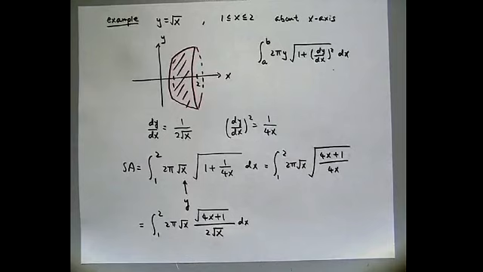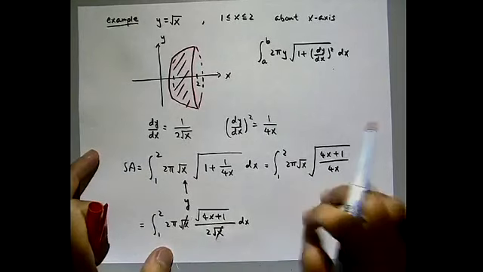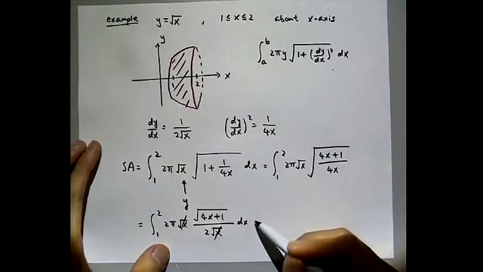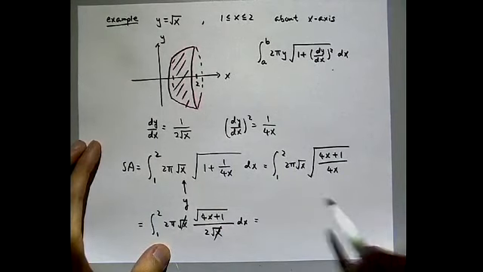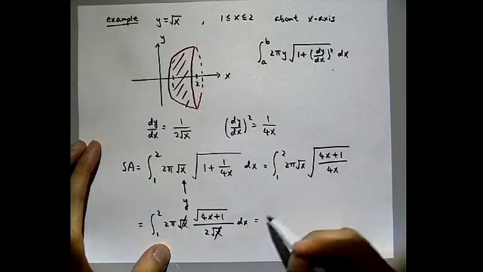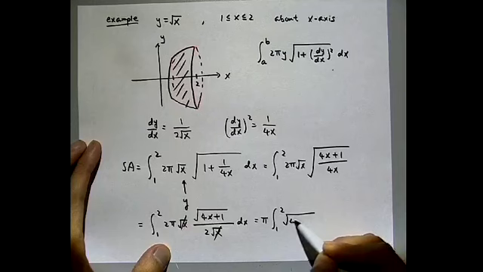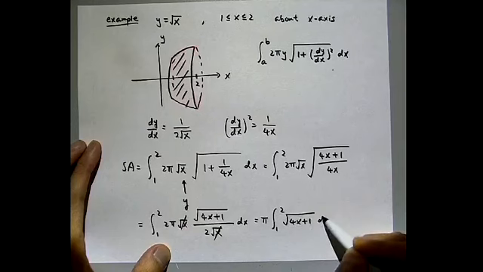And that's going to let you cancel out the radical x and integrate something that's far simpler. Let's see, the 2's also cancel. Let me take the pi out. Integral from 1 to 2, radical 4x plus 1 dx.